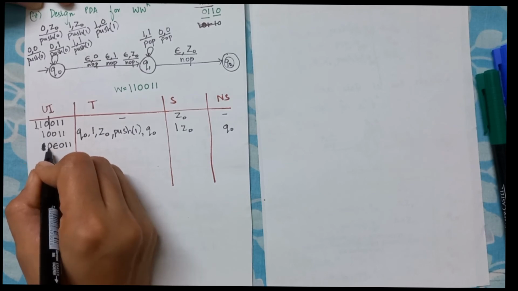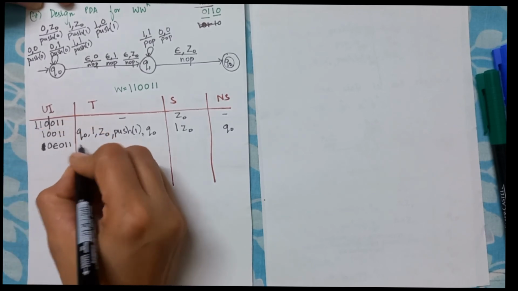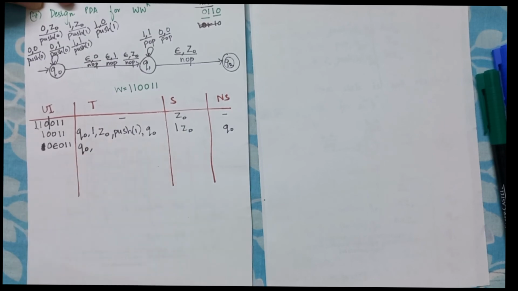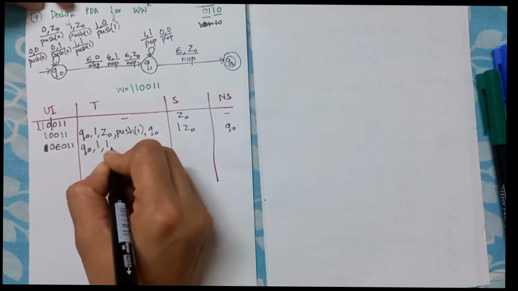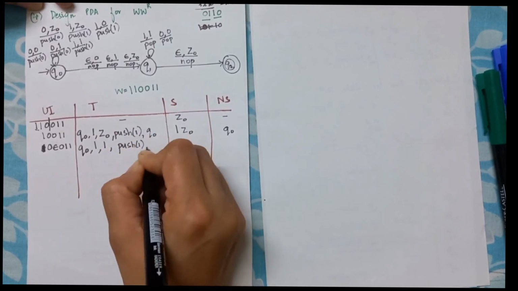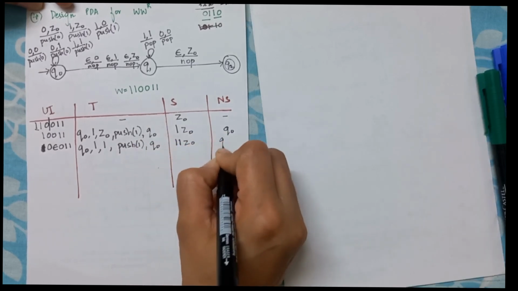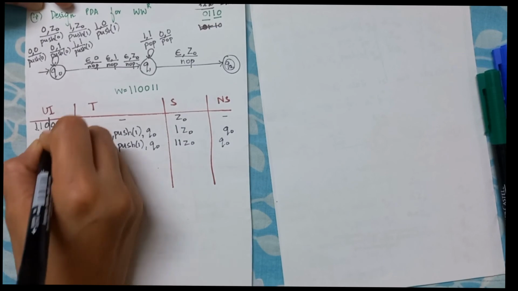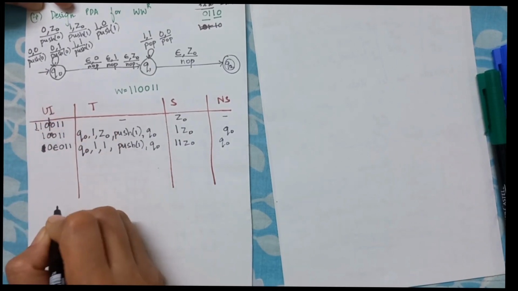Q0 with 1 and 1 as the stack top, I push a 1. So I will get 1 1 Z0. Then here also we can consider an epsilon. Here also we can consider an epsilon.